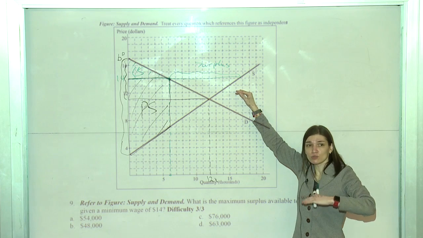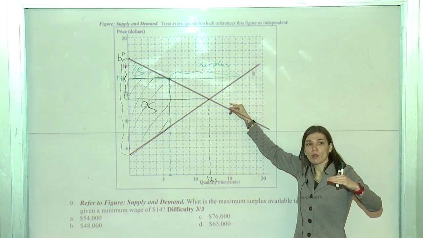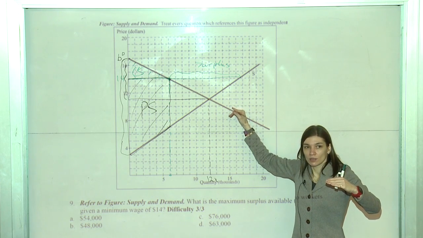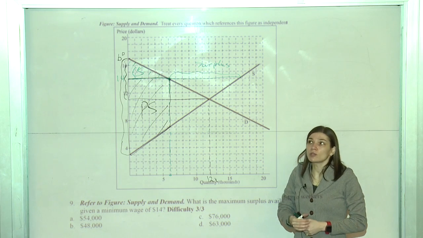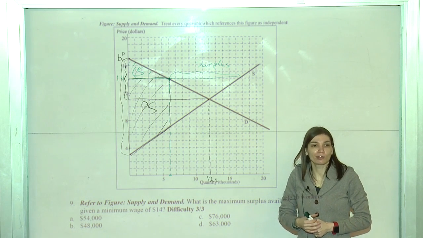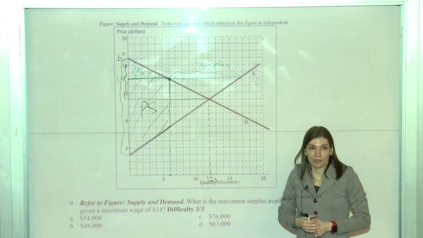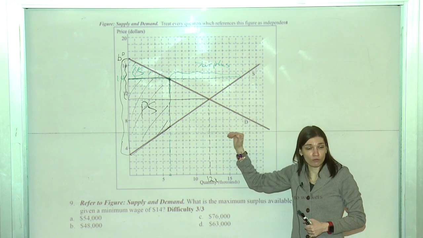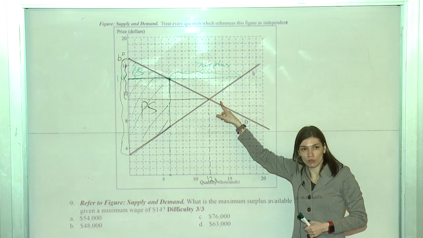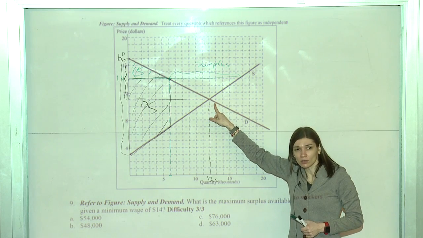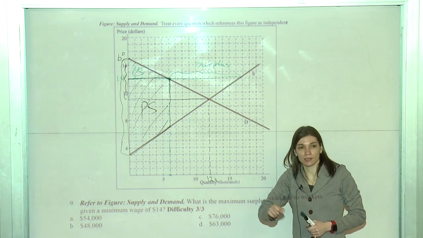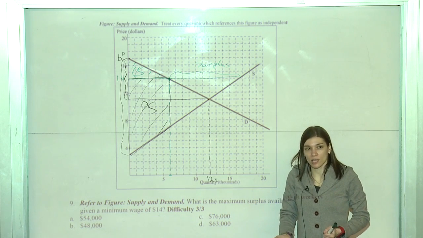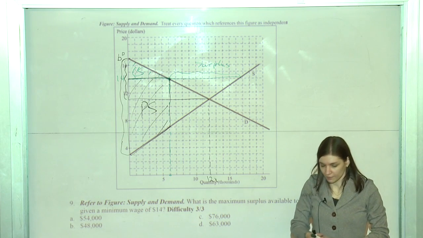That price ceiling says you cannot sell for more than that, but we weren't trying to, so nothing is going to change, because the equilibrium is still legal after the new regulation. Now in this case, we have a price floor, which says you cannot sell for less than 14, and we are trying to sell for less than 14, so that's no longer legal. When that happens, it is binding, meaning it has consequences. If it's not binding, it doesn't have any consequences. Nothing's changing.